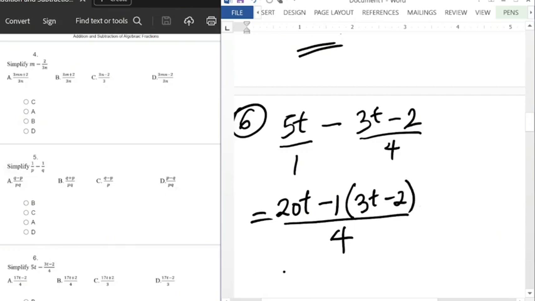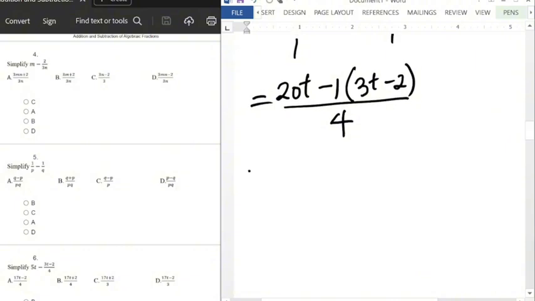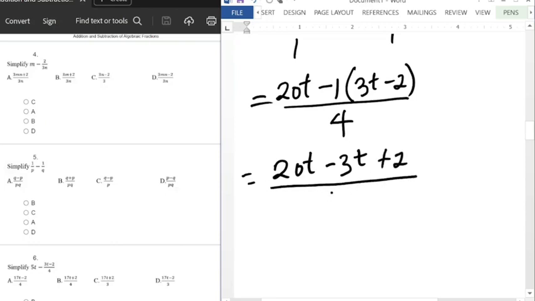If care is not taken, you make mistakes here. Please follow the steps strictly. So this is going to give us 20t. We now open the bracket. Minus 1 times 3t is minus 3t. Minus 1 times minus 2 is going to be plus 2. Divided by 4.